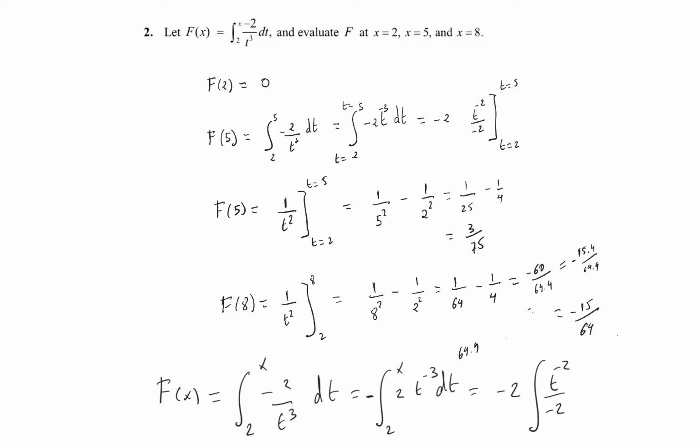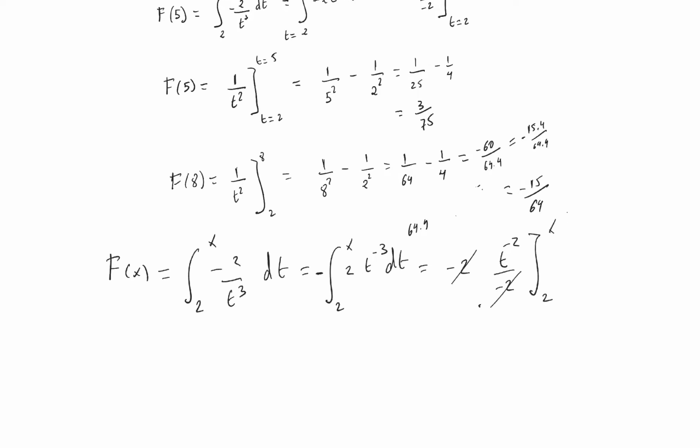So this will cancel. Evaluate between 2 and x. The minus 2 will cancel and it will be equal to 1 divided by t squared evaluated between 2 and x.